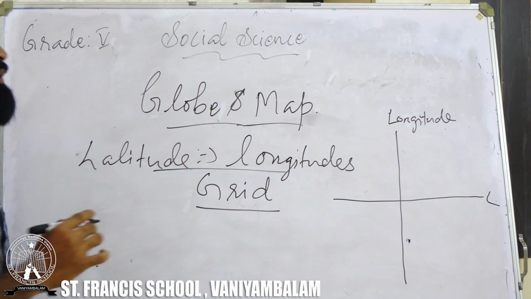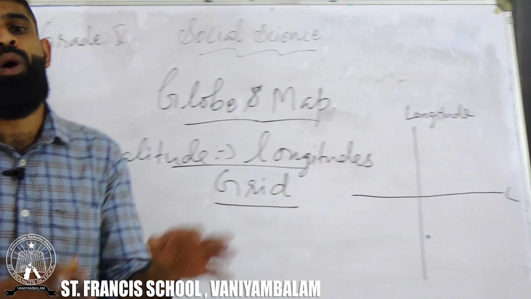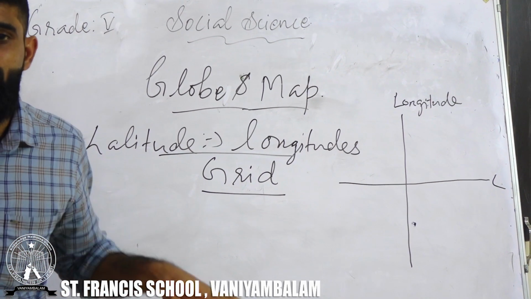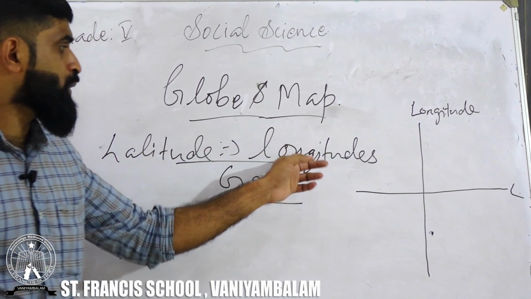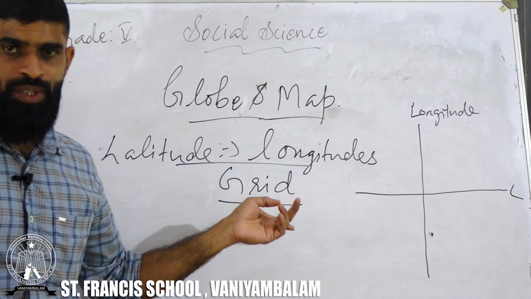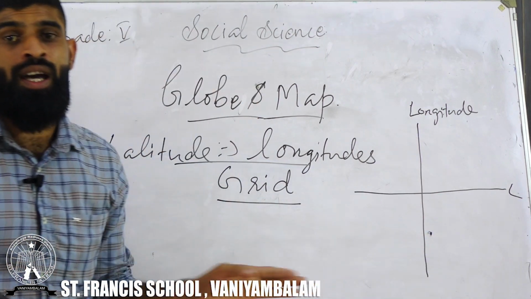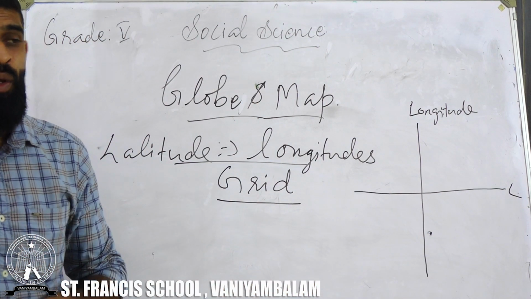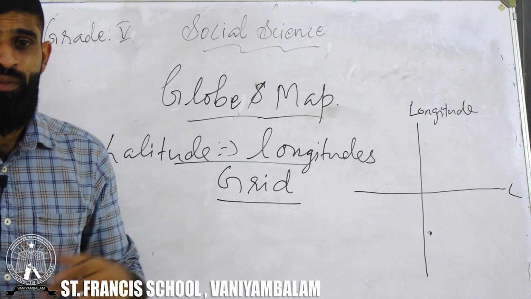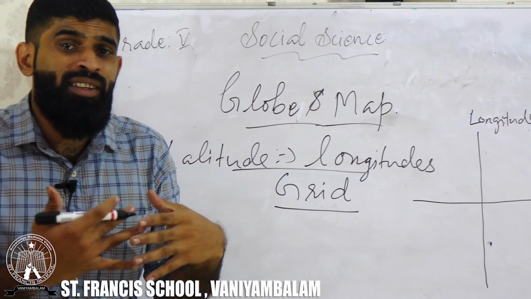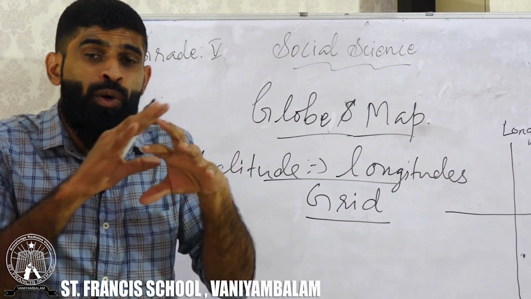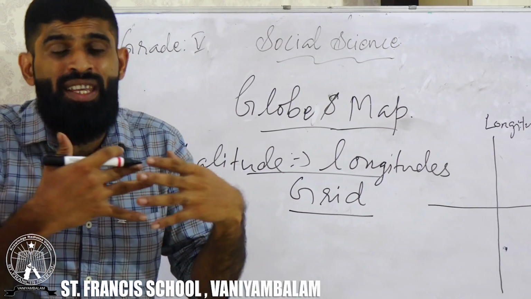Longitude can be pronounced in both ways, both are right. Latitudes and longitudes are the sets of lines which are forming a grid, intersecting each other.